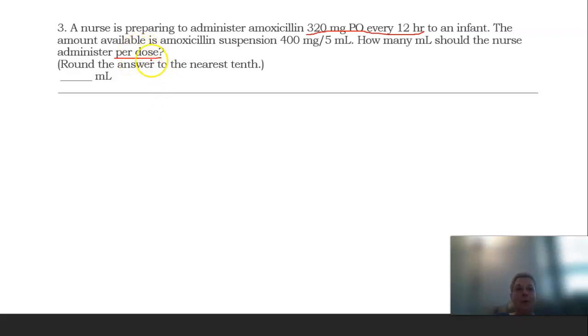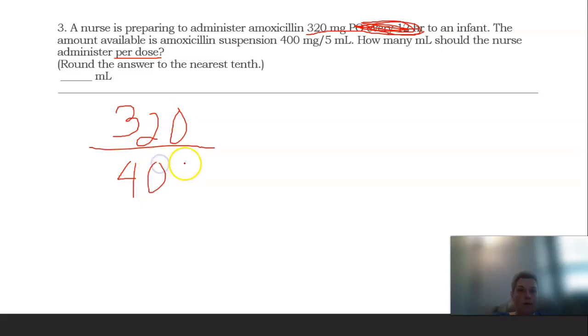Otherwise, it would have said per day. Okay? All that is a distractor. Don't care. So then I can just come down here and put my desired over what I have available. And what is it in?